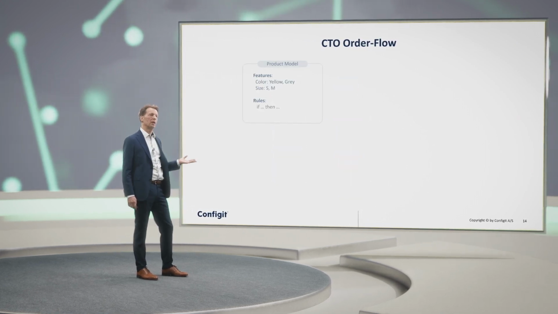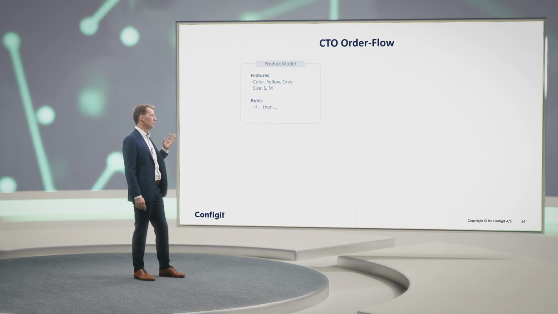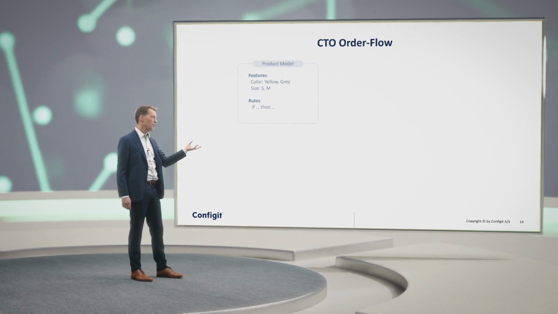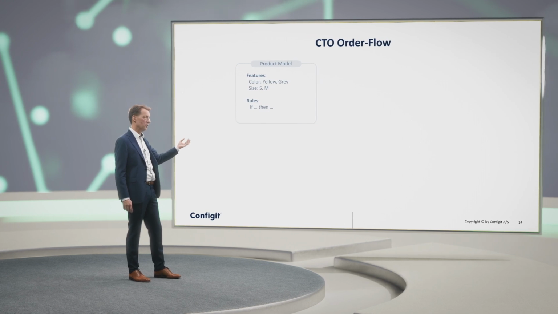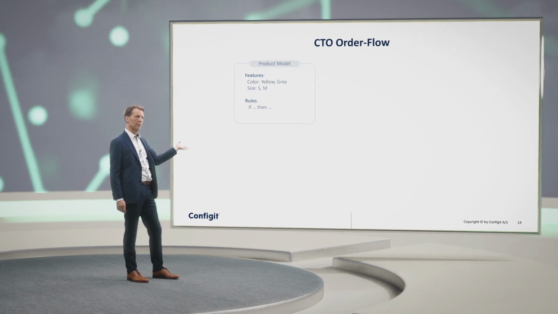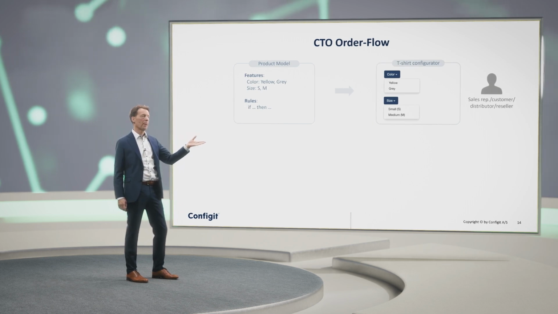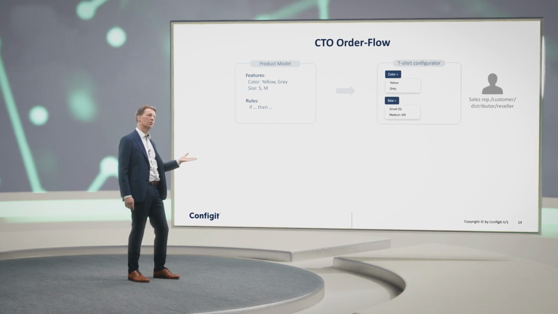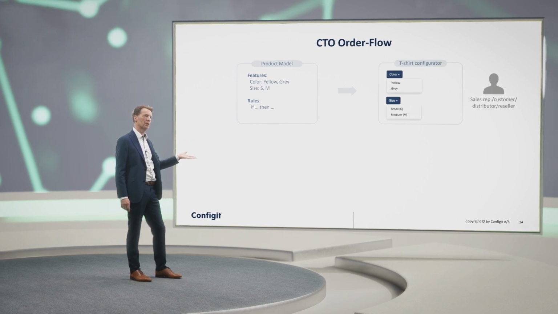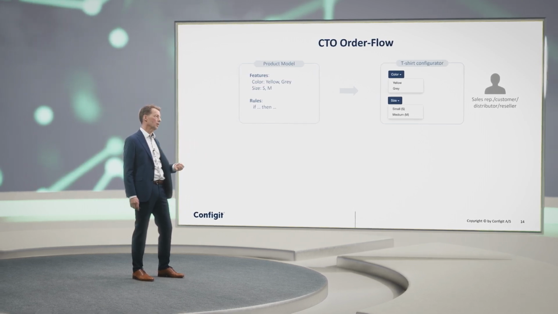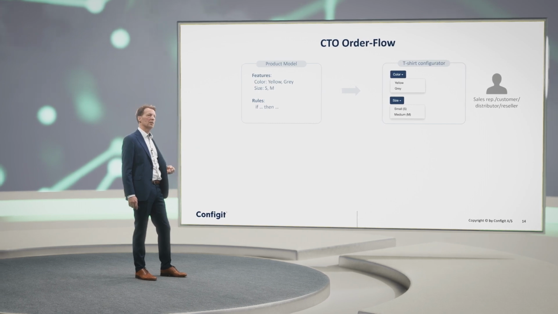Now, here's the order flow in a configure-to-order process. You have a model of your product offering called a product model, features and some rules. I will not talk very much about the rules today. Once you have that, you build a configurator. That configurator exposes those choices to a customer or a reseller or whoever is going to configure a product. Here we have our color and size.